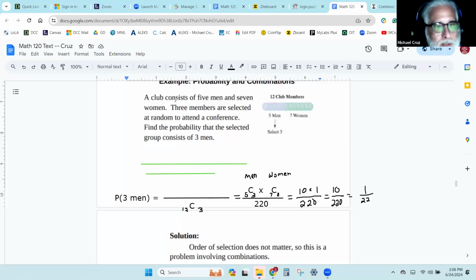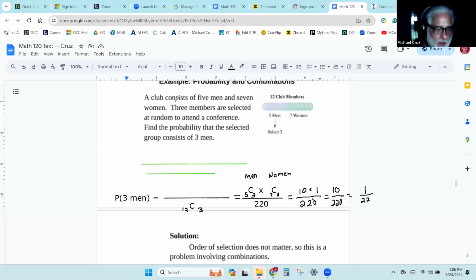So one of the reasons that I like this problem is just because it's kind of got a practical element to it. Let's say that this scenario exists, and these guys are wondering what the probability is of them being able to get 3 guys going on this so they can have some fun.